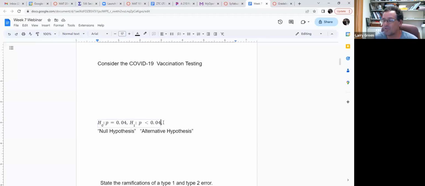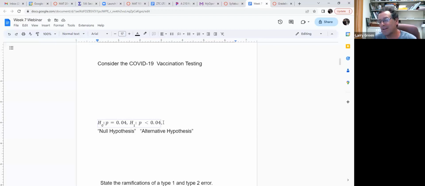But the FDA didn't approve it. And those people died. Do you agree that's pretty terrible? Any questions on that? So these errors are both terrible. Do you agree?